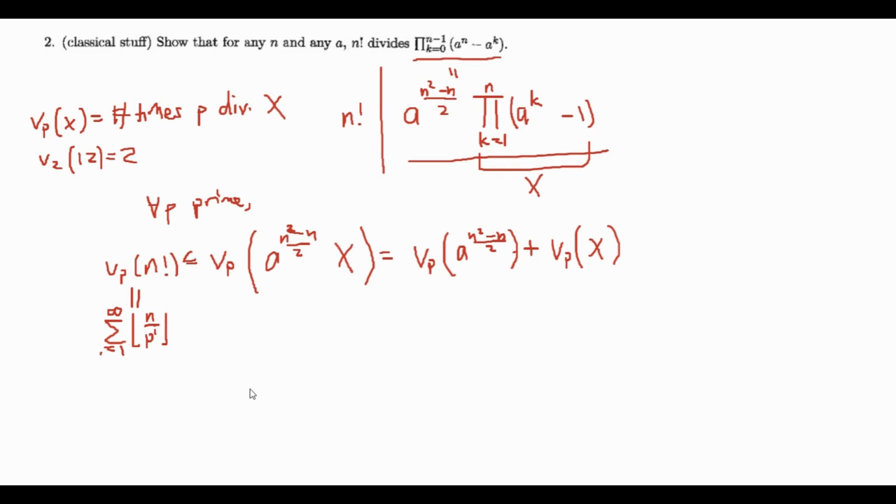And I'll prove this in another video. But for now, just assume that this is correct. So now I have this other formula to calculate the value of v_p of n factorial.